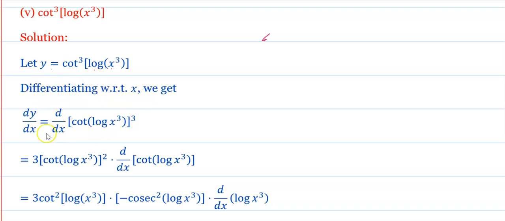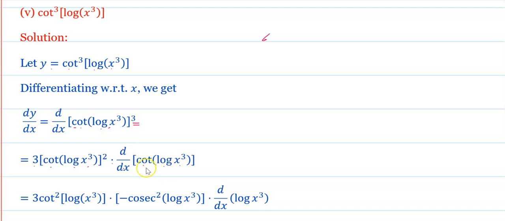Differentiating with respect to x, dy by dx is equal to d/dx of cot cube log of x cube, which can be written as d/dx of cot of log of x cube, whole cubed. That means the power 3 has come here, we will take the derivative of this power. That is, 3 cot of log of x cube to the power 3 minus 1, that is 2, into d/dx of the function inside the bracket, which is cot of log of x cube.